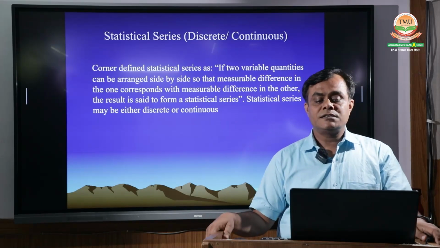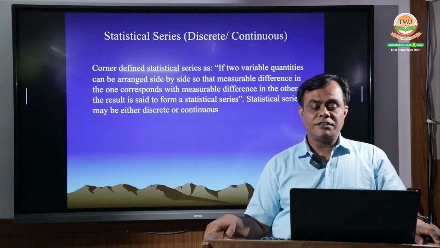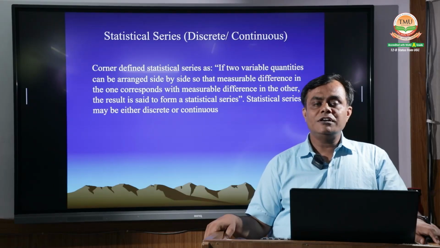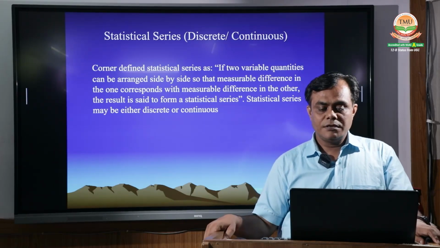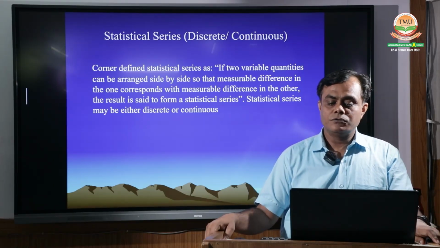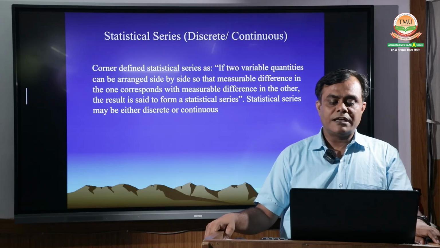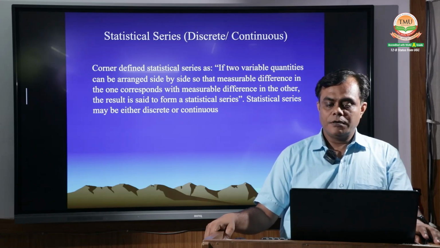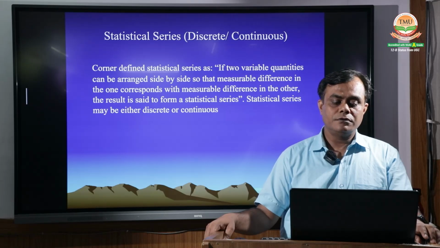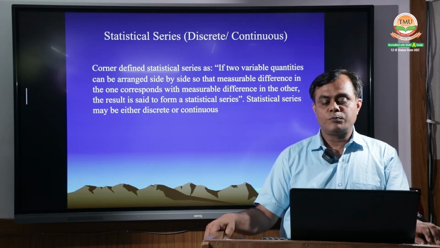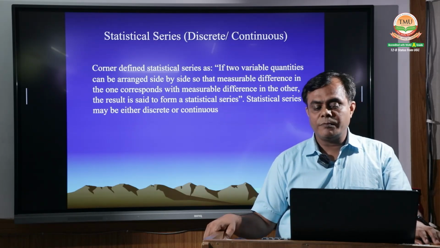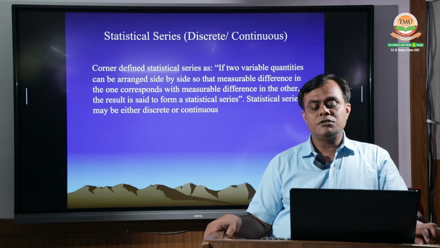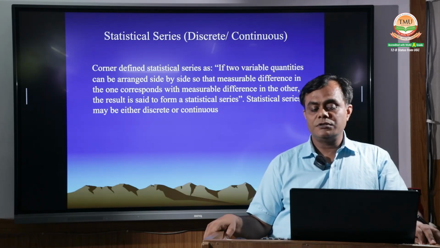Next is the statistical series, discrete and continuous series. Conrad defined a statistical series as follows: if two variable quantities can be arranged side by side so that the measurable differences in one correspond with the measurable differences in the other, the result is said to be a statistical series.